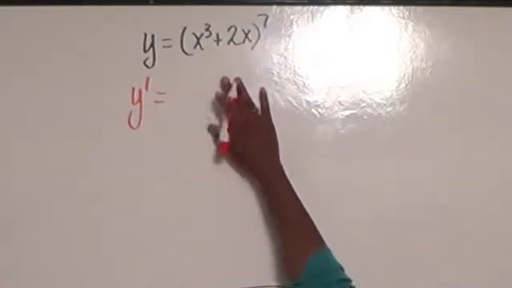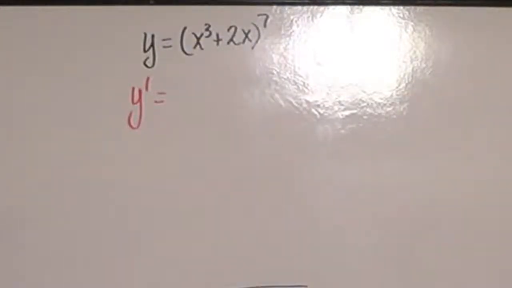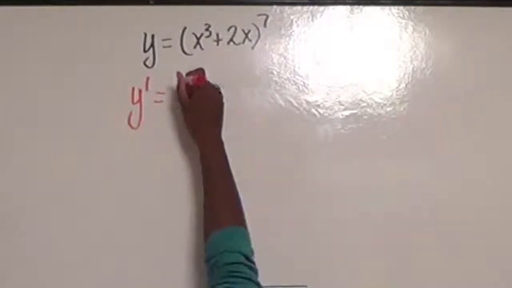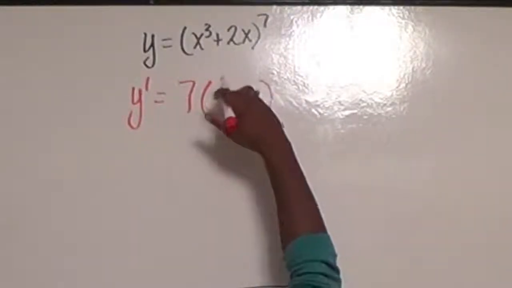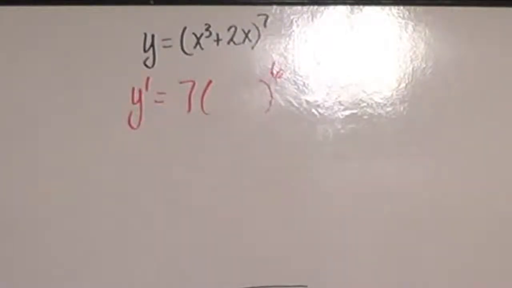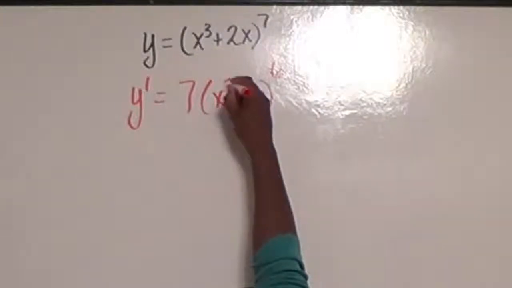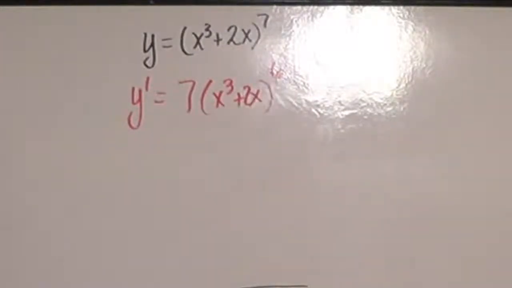And essentially, I'm looking at my variable raised to the 7th power. So I know that by the power rule, this is going to be 7 times my variable raised to the 6th power. My variable in this case being x cubed plus 2x.